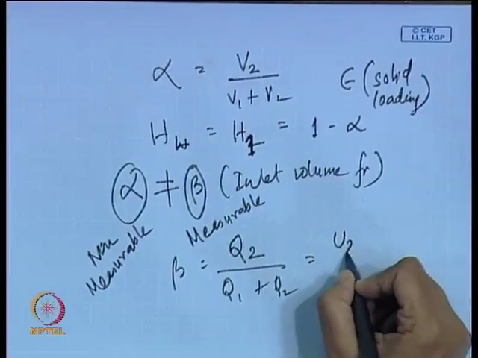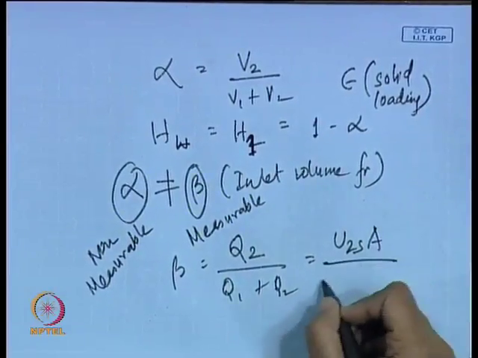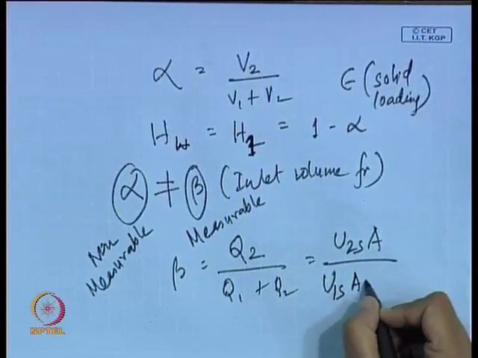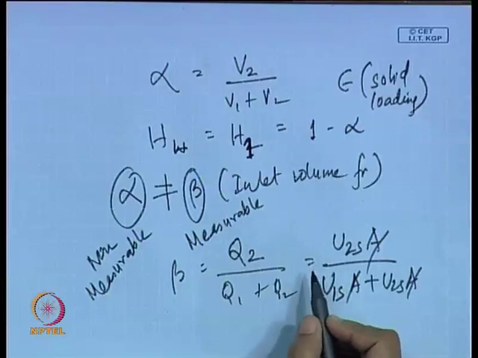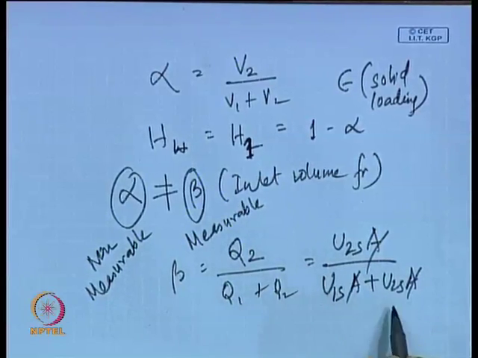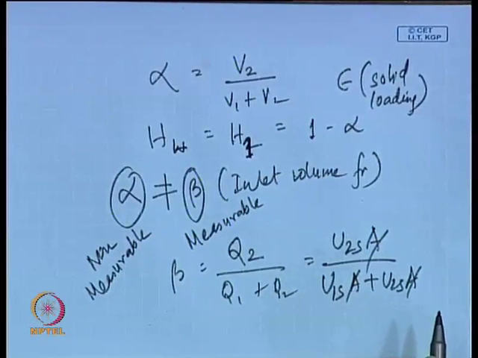Is it U2 or should it be U2S, the superficial velocity? Because Q2 is nothing but U2S A by U1S A plus U2S A, and the A's cancel out. So, beta can be related to the superficial velocities as well. Definitely, it cannot be related to the in situ velocities.